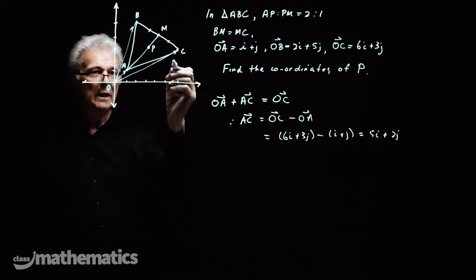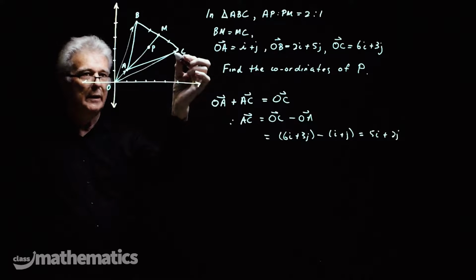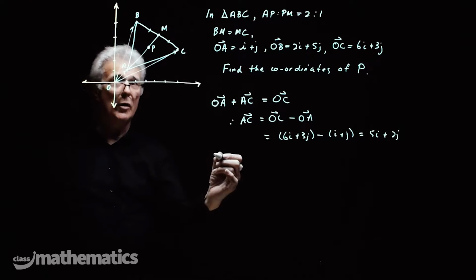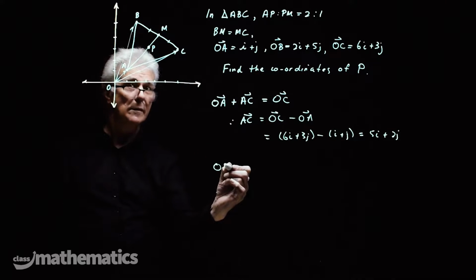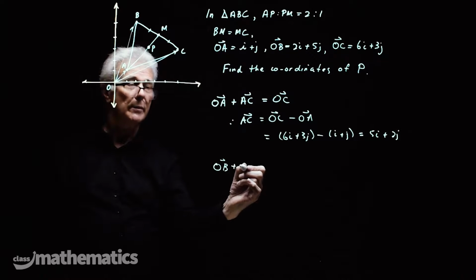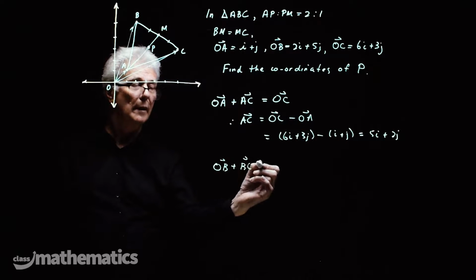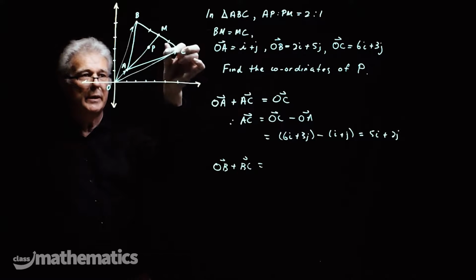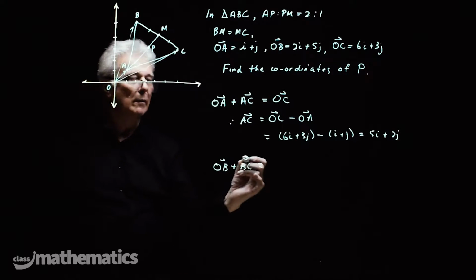Now we've got AC. I want to find what BC is. Now to do that, I know that OB plus BC must equal OC.